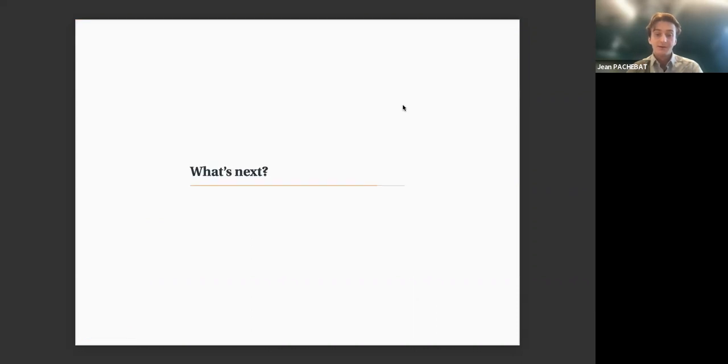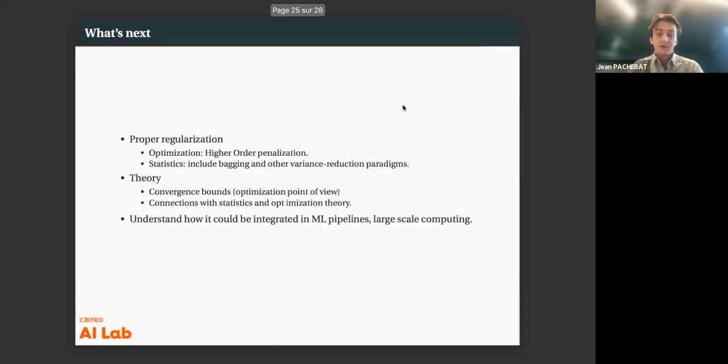So what's next for this project? I think the first point is finding a proper regularization for higher order methods. From the optimization literature, we could incorporate higher order penalization terms, as we've used the L2 norm here for penalizing in the optimization problem.